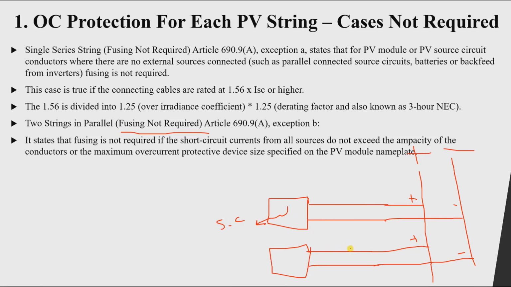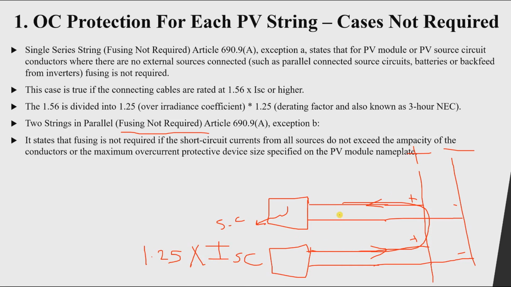However, this panel will start supplying electrical current that will go like this to the short circuit location. So what is the maximum current that will go from here to here? The maximum current will be 1.25, which is the over irradiance coefficient, multiplied by I short circuit. So this is the maximum current that can go from here to here.